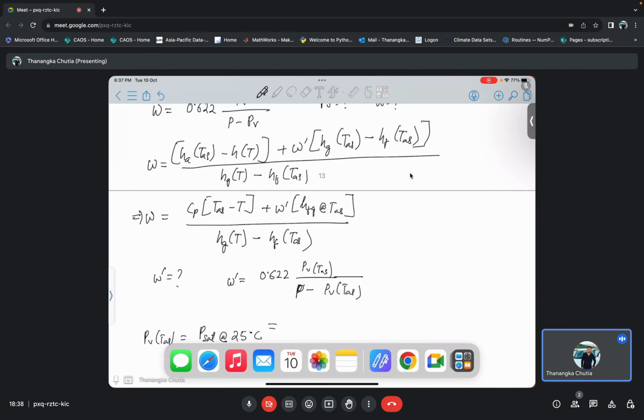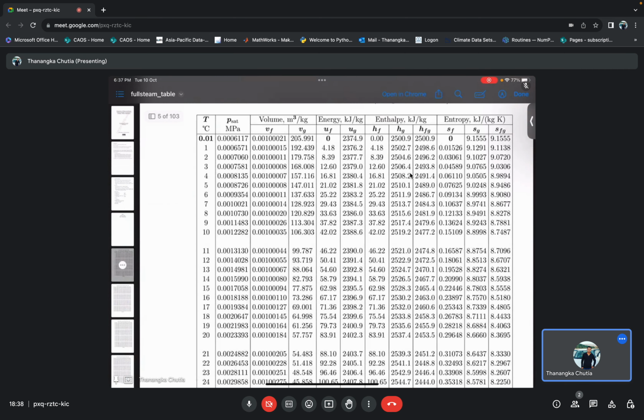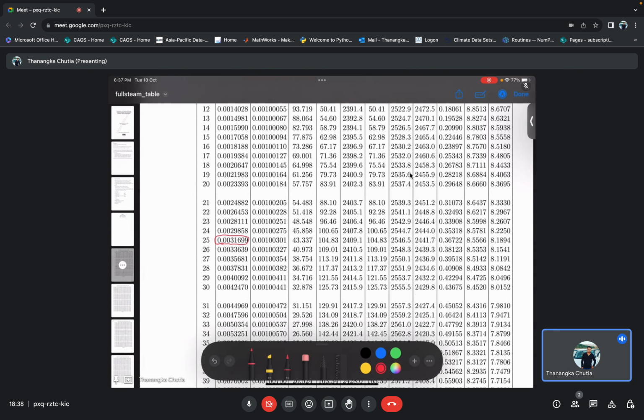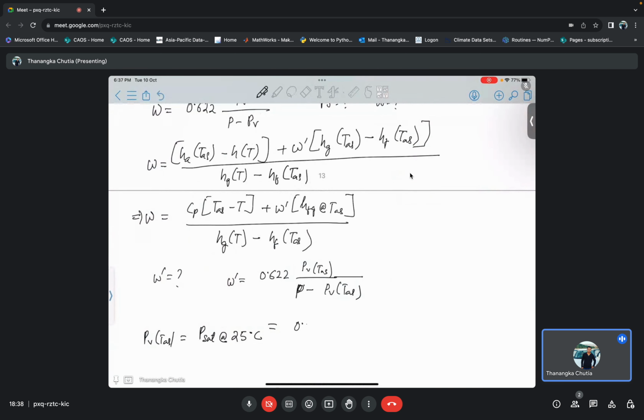We need to go to the steam table and see the saturation pressure at 25 degrees Celsius. The saturation pressure at 25 degrees Celsius is 0.0031699 megapascal.